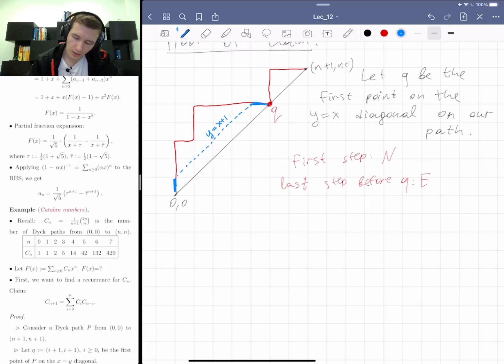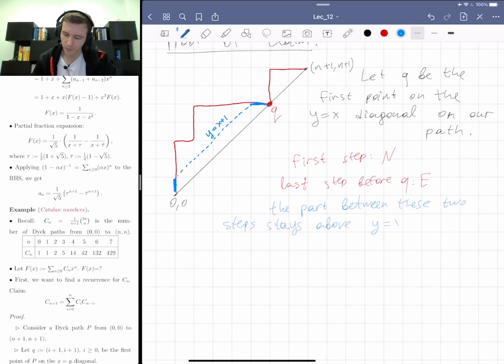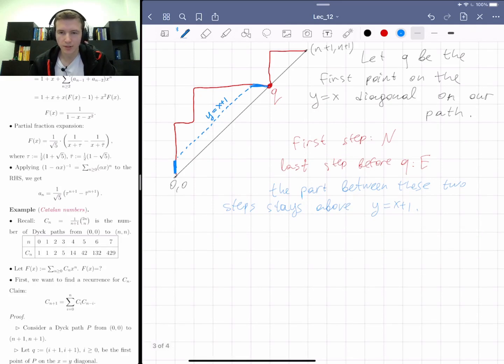So the part between these two steps stays above the line y equals x plus 1. Does it make sense?